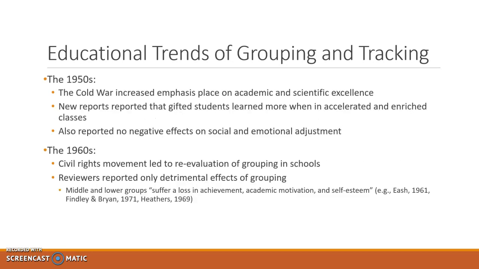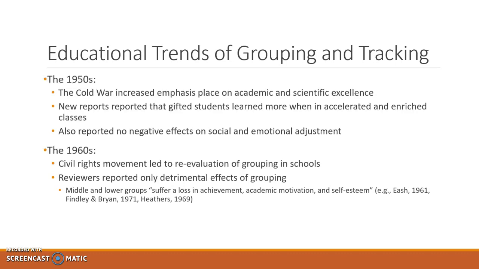In the 1950s, we were in the middle of the Cold War, and this increased the emphasis placed on academic and scientific excellence. So there were new reports created that reported that gifted students learned more when in accelerated and enriched classes, and it was also reported that there were no negative effects on social and emotional adjustment when these advanced students were in accelerated or enriched classes.